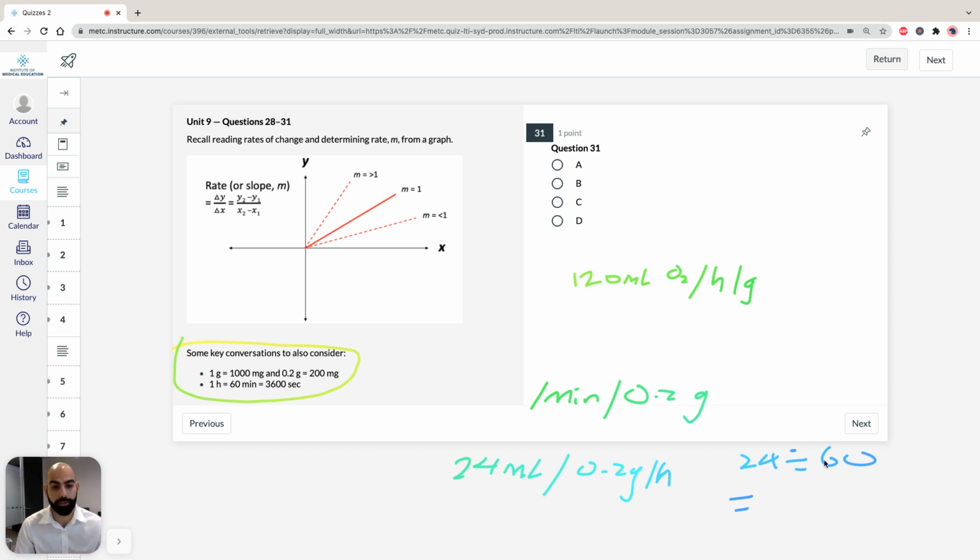That's around 0.5, so it has to be just a bit less than 0.5. If we take a look at our answers for 31, the only correct answer has to be D. So the answer is around 0.4 mL per 0.2 grams per minute. That's your answer. Please, when you read the axes, read the units carefully.